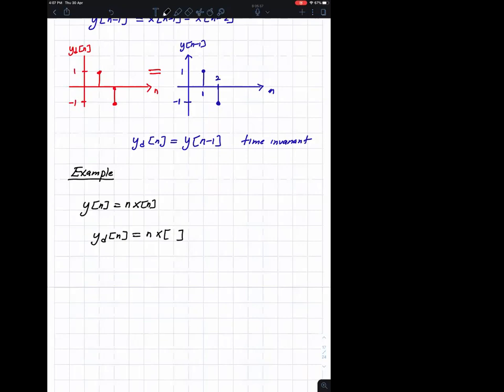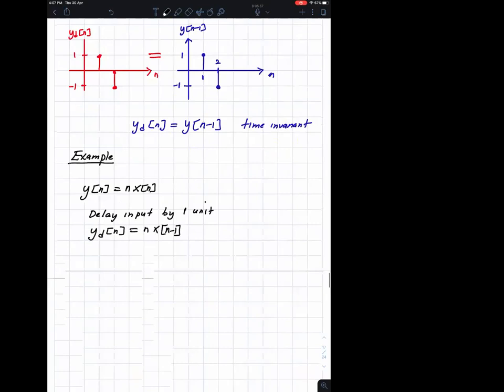So now if I delay this by 1 unit, that's input delayed output. Delay by 1 unit. If you sketch this, it's going to be like this.